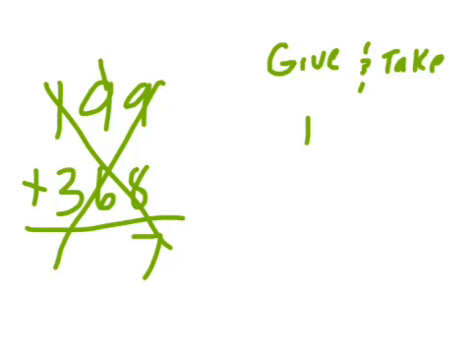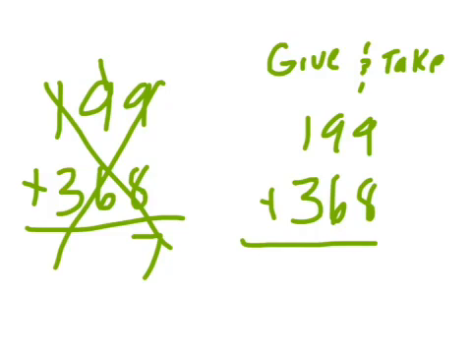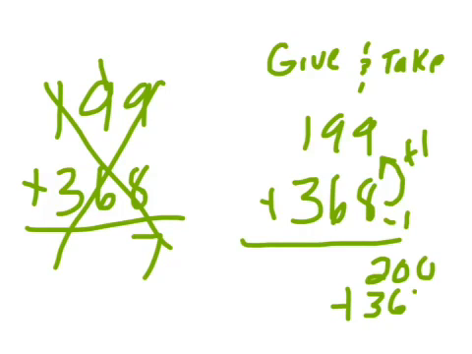So as long as I don't change the total, I can have my numbers be whatever I want. I'm going to take one from here and add it to here: add one here, minus 1. That gives me 200 plus 367. Oh look, that's a lot easier to handle. I can get my answer of 567 without ever having to do any regrouping.